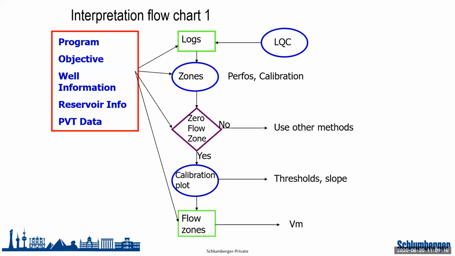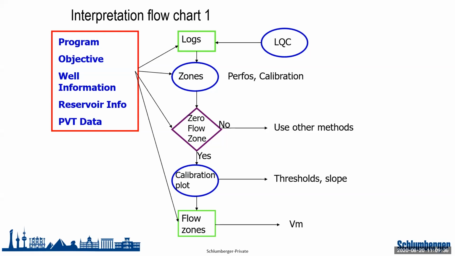If possible, you want some reservoir information, because whenever you see a crossflow and you have some reservoir information, you can understand why the crossflow looks like that, or why a particular zone is producing more than another zone. And of course, you want to have the PVT data.